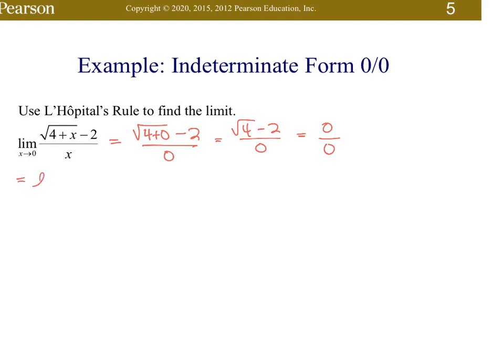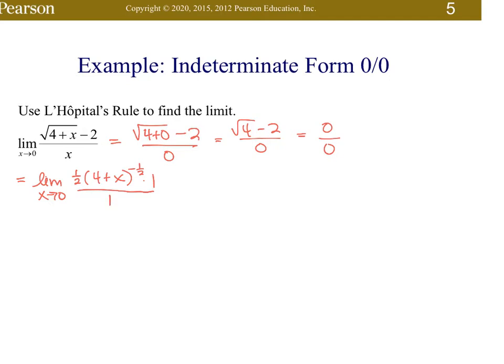So then go back and set up your limit again, and we'll use the first round of derivatives. So the derivative of the square root of 4 plus x is 1/2 times the quantity 4 plus x to the negative half times the chain rule of 1 over 1.